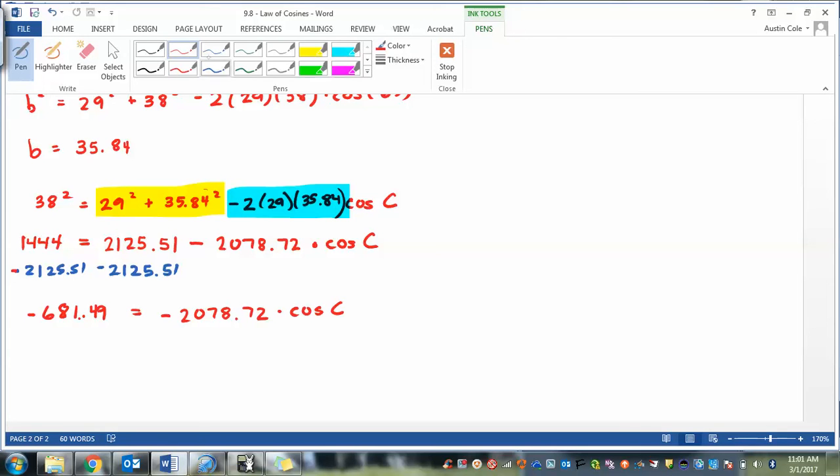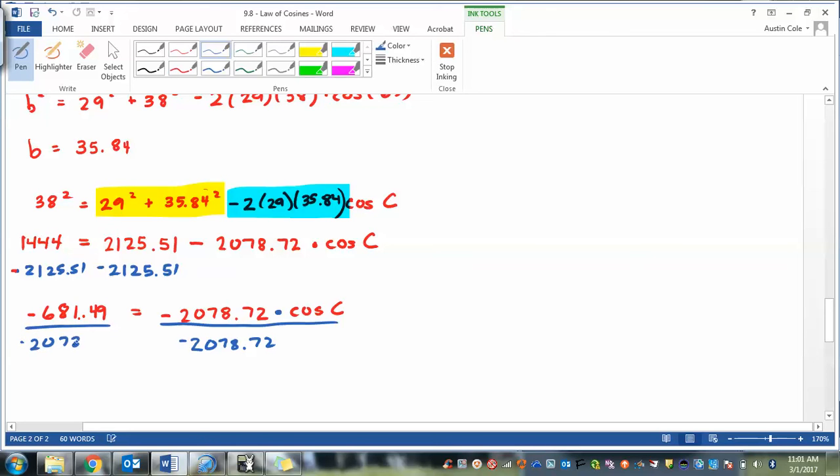Now what do we need to do, guys? Yeah, there's multiplication here. I need to get rid of that, so I'm going to divide by negative 2,078.72. We're putting some work in this problem.